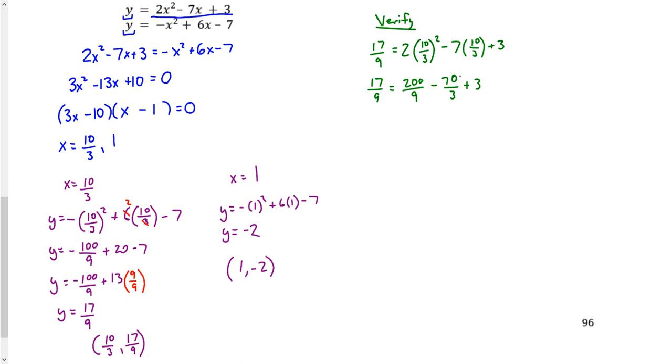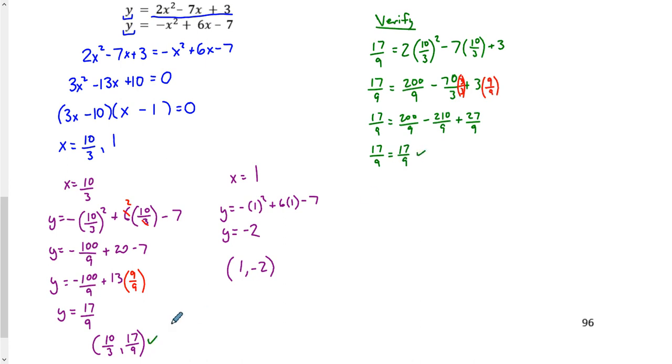Going pretty fast into those common denominators. I have to multiply this one by 3/3, and this one would have to be 9/9. So I will show this bit of work. 200/9, subtracting 210/9, adding 27/9. So 200 subtracting 210 is -10. Adding 27 is absolutely 17/9.